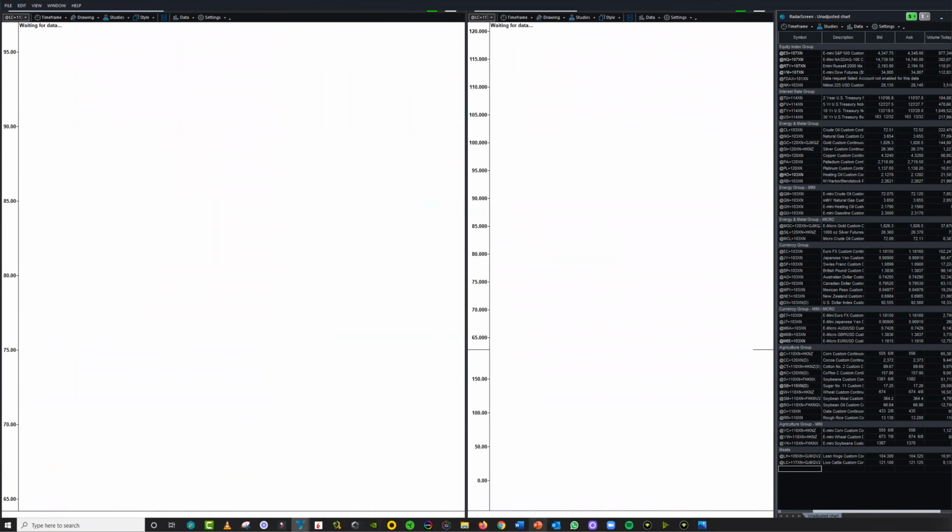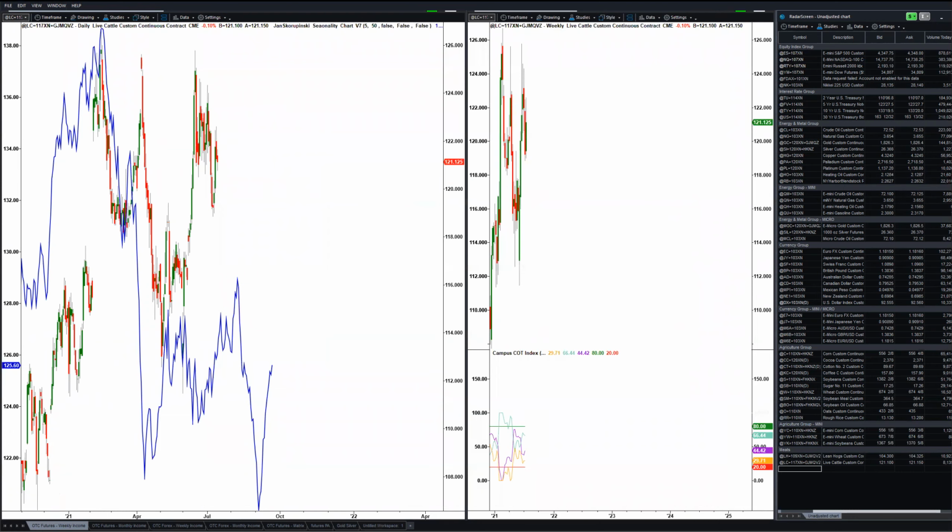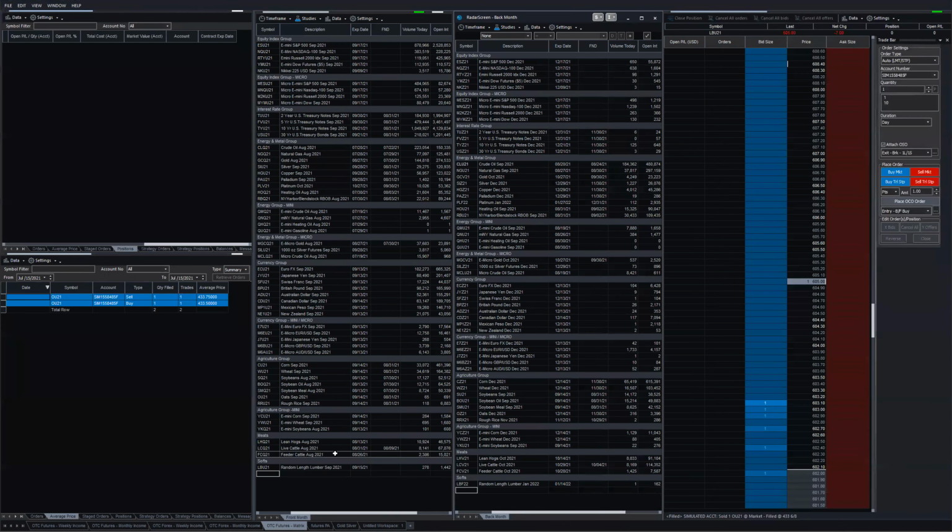Now, ladies and gentlemen, I have never traded lumber and I've never traded feeder cattle. And if I go back to the matrix, feeder cattle and lumber don't have first notice day.